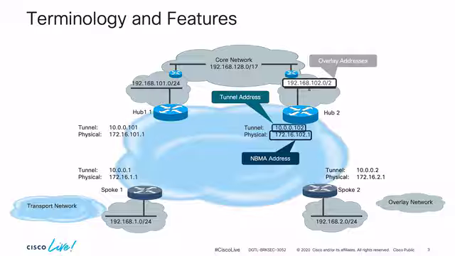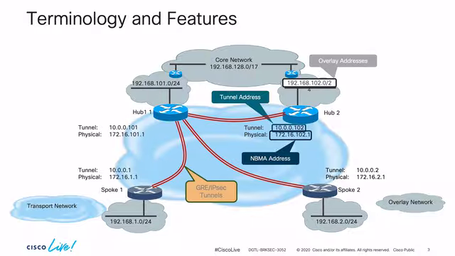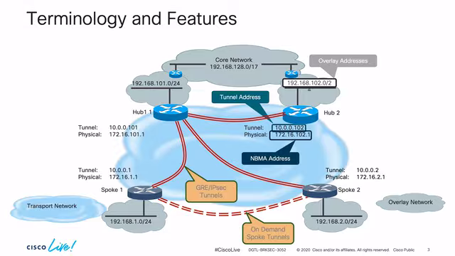We have static GRE over IPsec tunnels, which come up automatically once you have the configuration in place on both your hub and your spoke. And then we have on-demand spoke tunnels. Basically, these are tunnels between the spokes which come up only when you have to pass traffic.